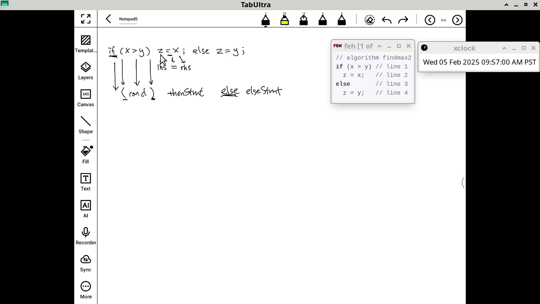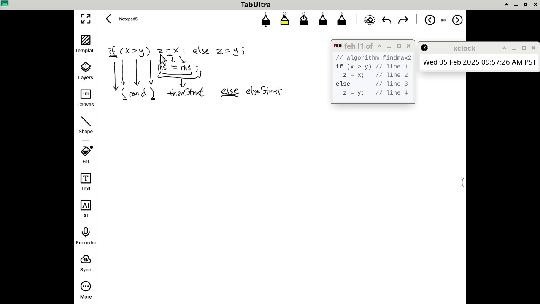This is an assignment operation, but when you have a semicolon ending it, the entire thing becomes an assignment statement. And the assignment statement is just a statement, which is what the then statement can expand to. So now it recognizes that z equals x semicolon is my then statement.